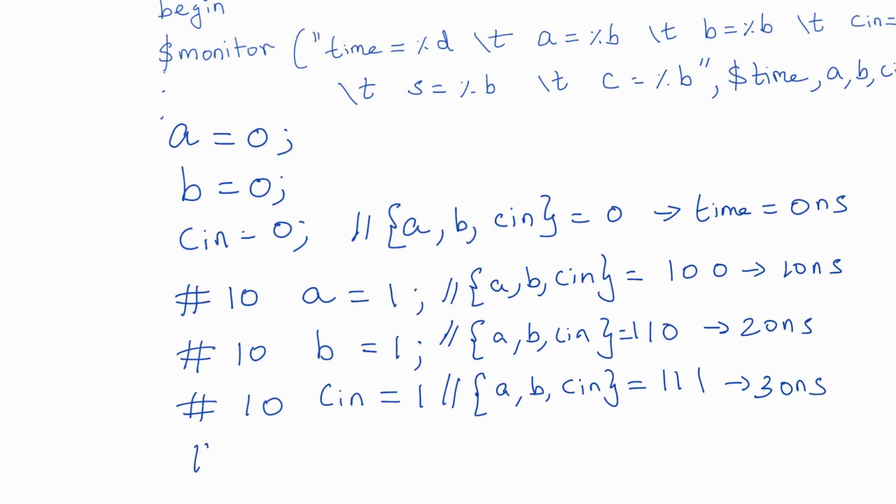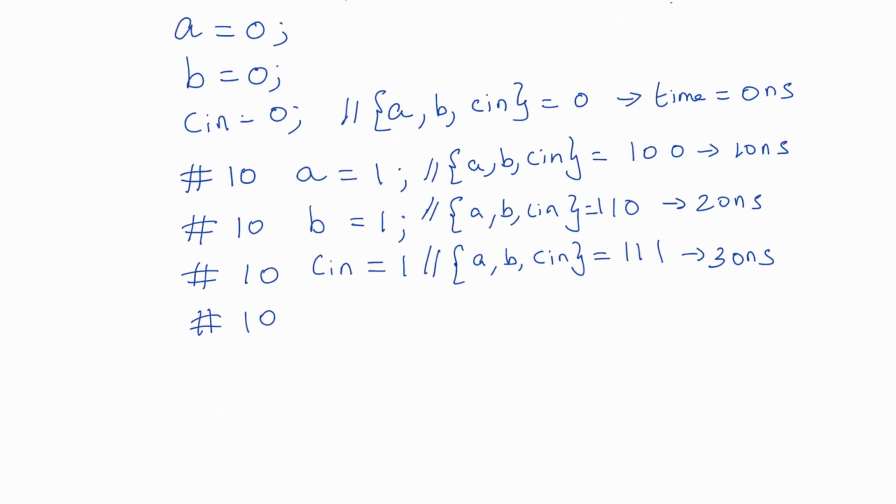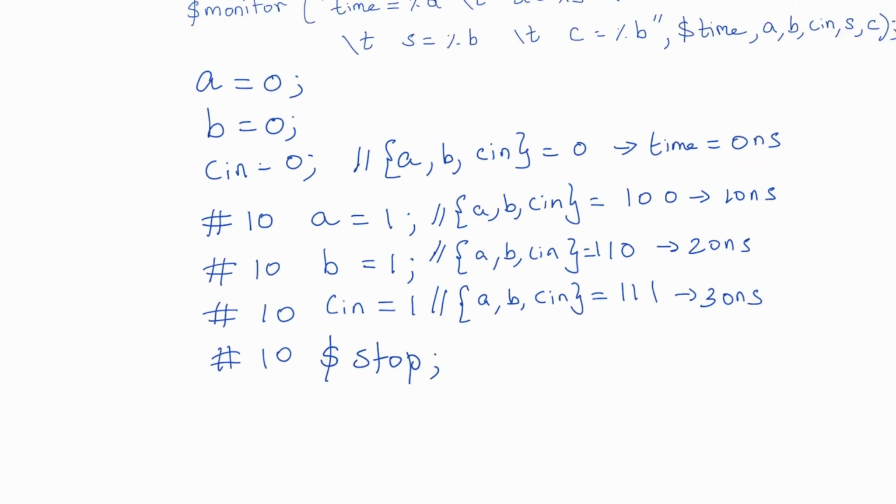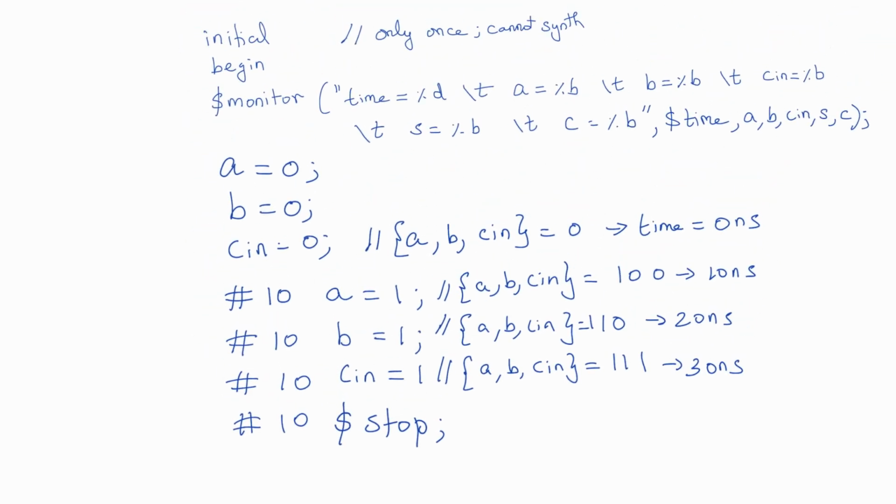So after 10 time units, say I've tested my design for a few samples. So I want to stop. So I use another $ command called $stop. So you have several $ commands. We'll see some of them later. So these are some common commands that we often use. So when you know that you have reached the end of your simulation, you can give $stop to temporarily suspend your simulation, right?